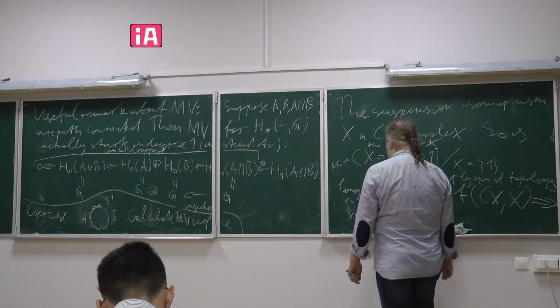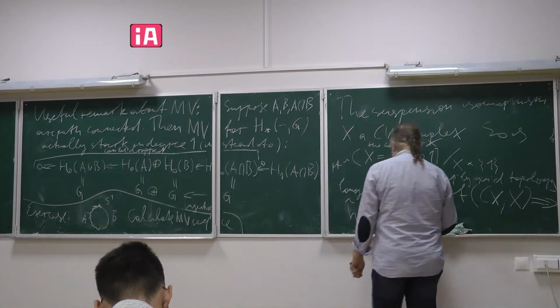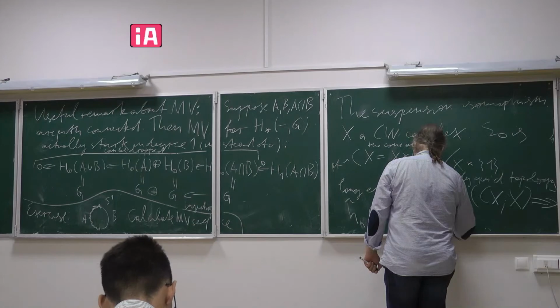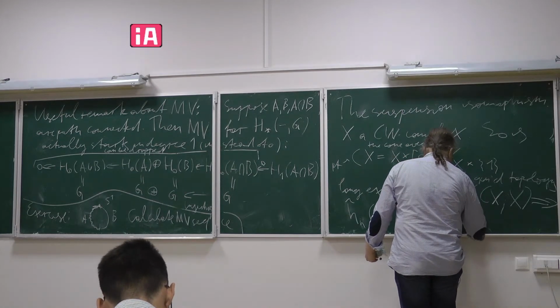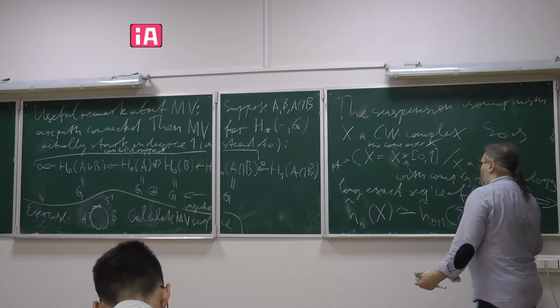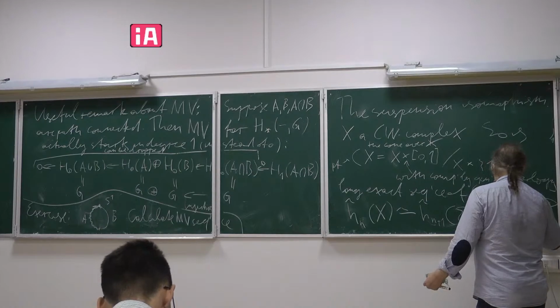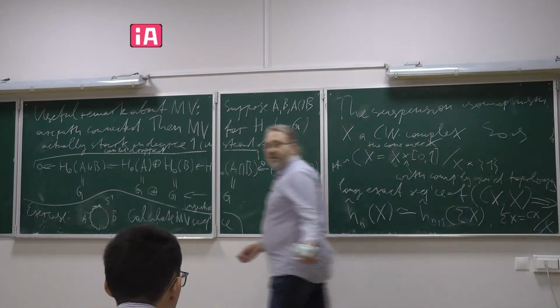between Hn of X and Hn+1 of sigma X, where sigma X is the cone of X with X collapsed. Does this make sense?